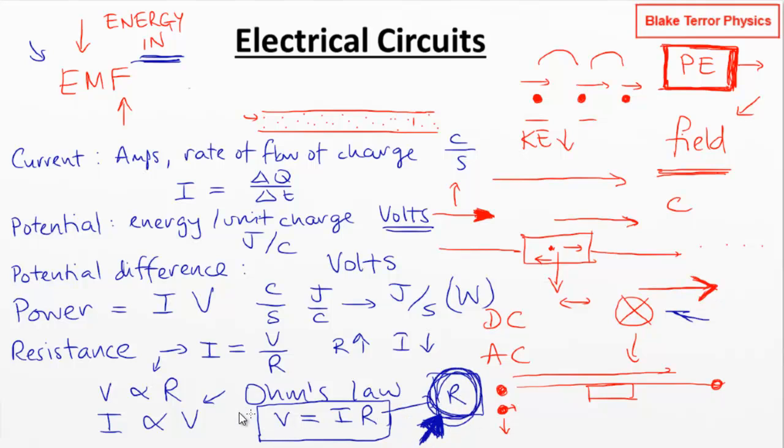We've got this proportionality, as in if you plotted a graph of current against potential difference, we're going to get a straight line. Not all components have that proportionality, and in that case it's not obeying Ohm's law.